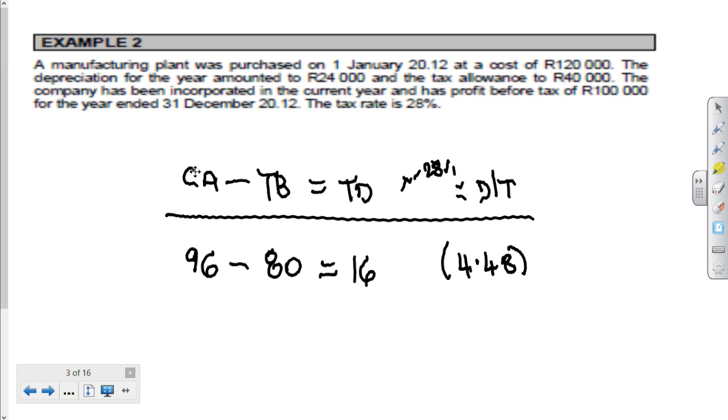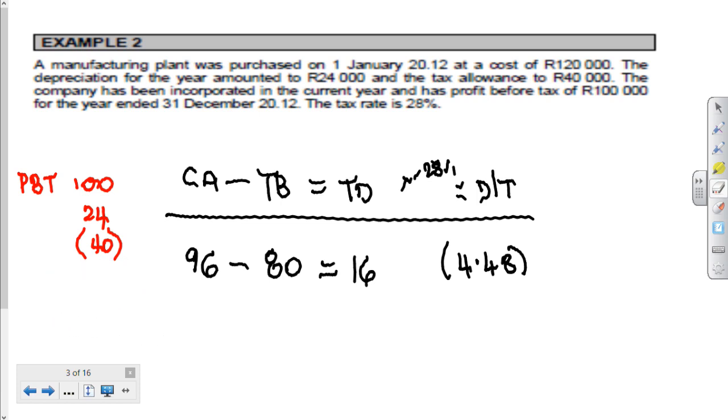Do you agree? Because if we look at what they said, profit before tax was 100. But then I'm going to add back depreciation and I'm going to deduct the wear and tear. So I land up on 86. Is it 86? No. What was the thing? 24 and 40.